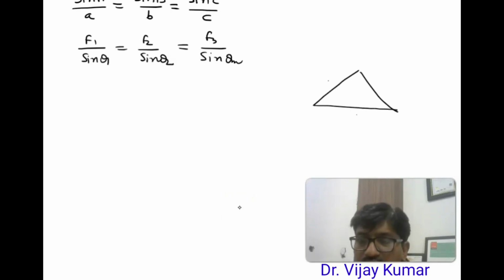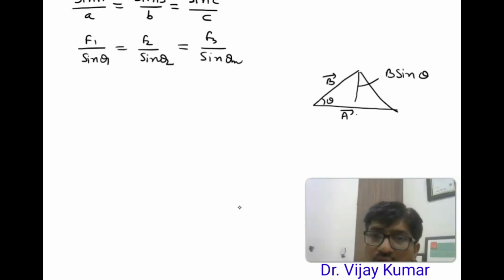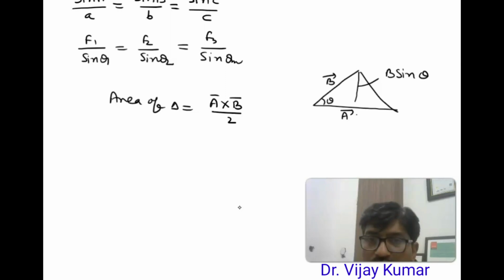And suppose this is a triangle with vector A and vector B at angle theta, and this height is B sin theta. In this case the area of the triangle should be the magnitude of A cross B upon 2, or half AB sin theta. This is the area of a triangle.